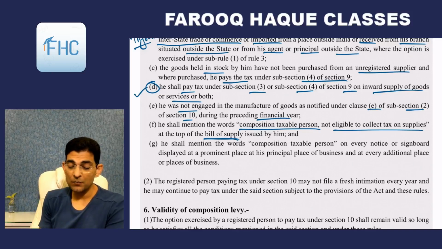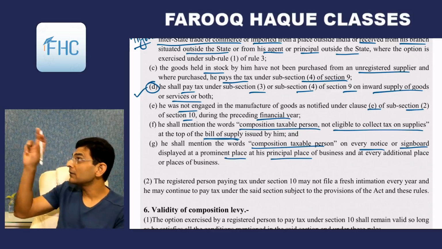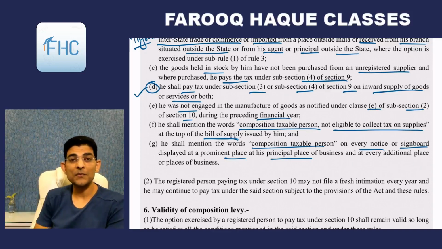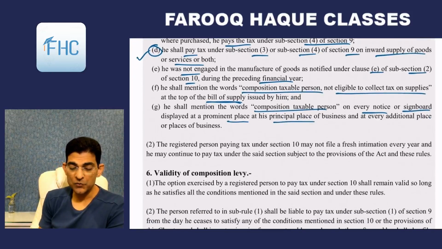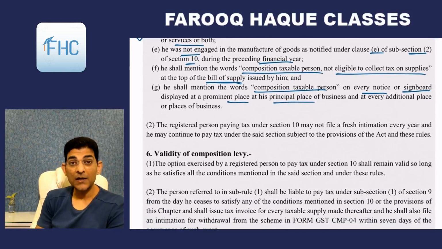And he shall mention the words composition taxable person on every notice or signboard displayed at a prominent place in his principal office of business and at every additional place or places of business. So he has to mention that in all his places of business, so that the buyers in his shop should know that this person cannot collect tax separately from us.